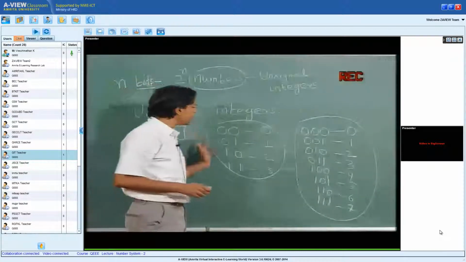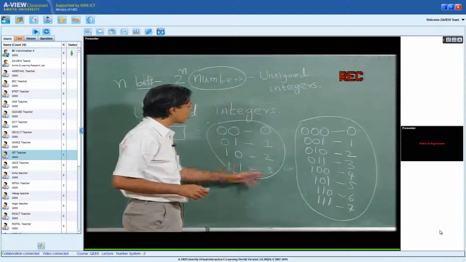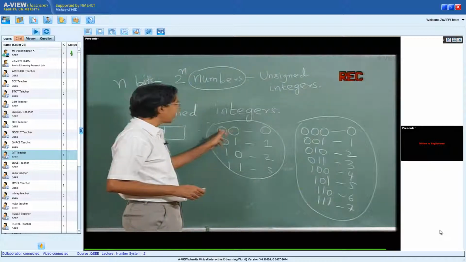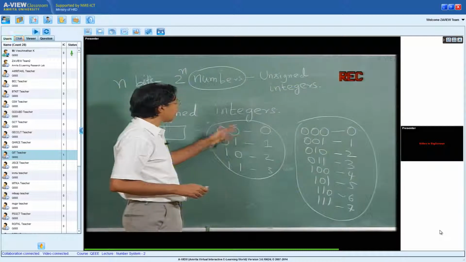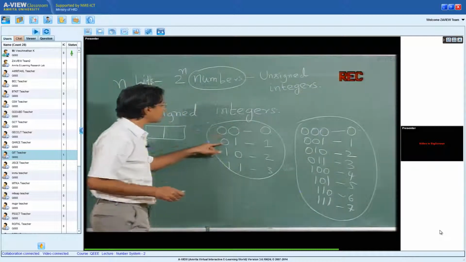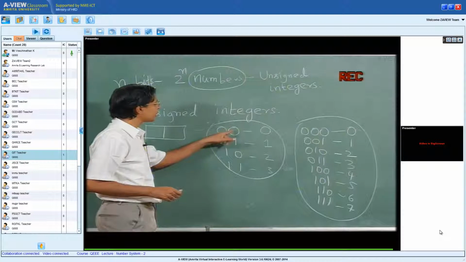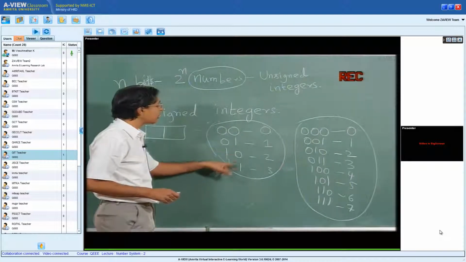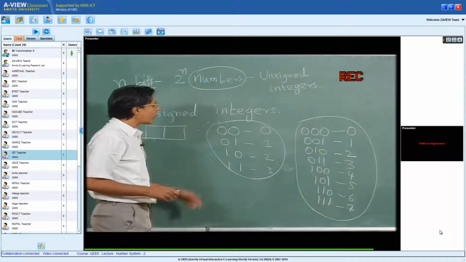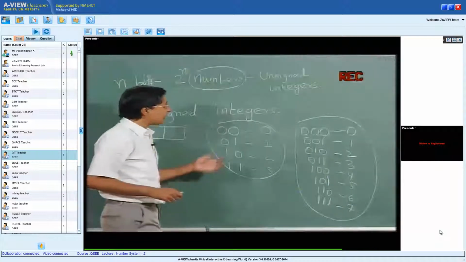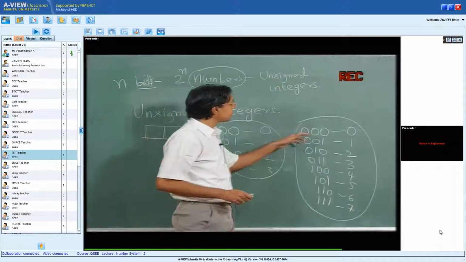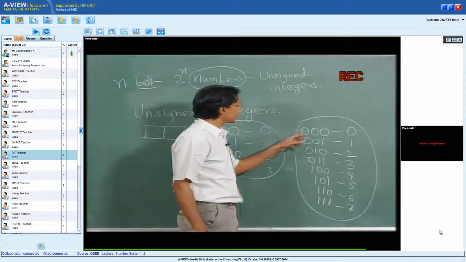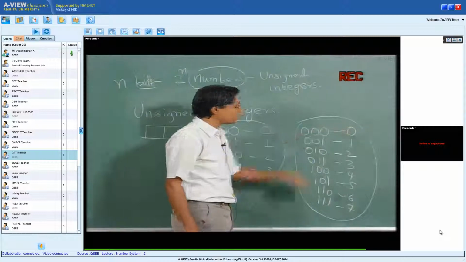So if I have 2 bits, I have 2 into 2 possibilities, which is 4, because each can take 0 or 1. If the first bit is 0, the second bit takes 0 or 1. If the first bit is 1, the next bit takes 0 or 1. Like this, if I have 3 bits, since each can take one of 2 values, totally I have 2 into 2 into 2, which is 8.